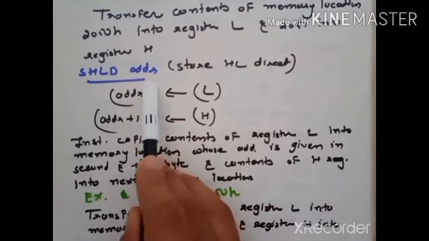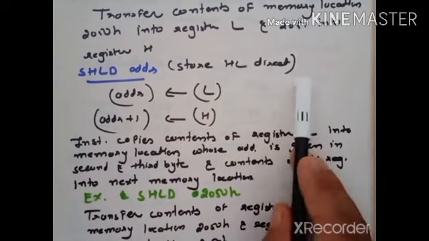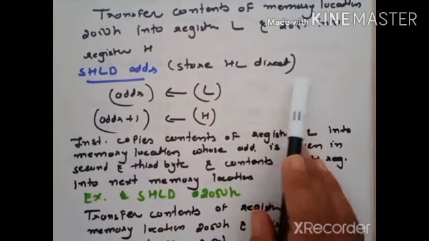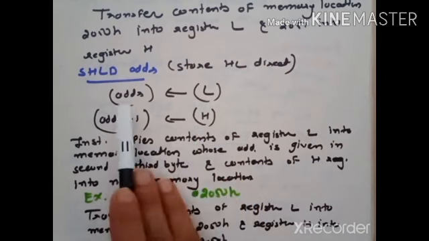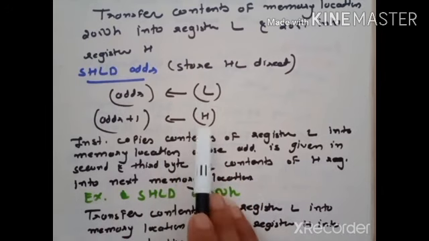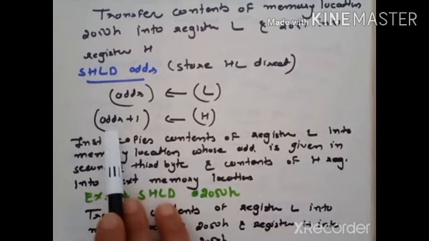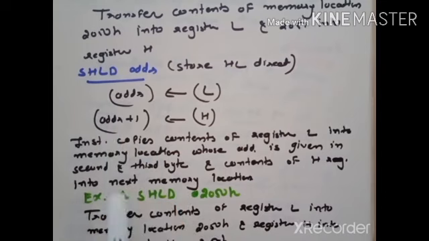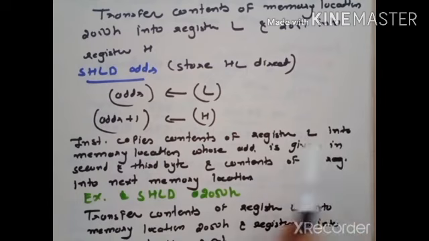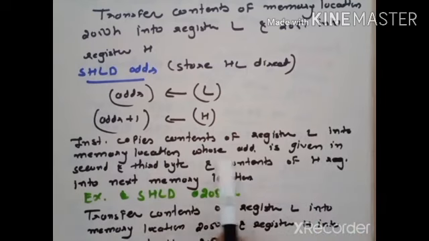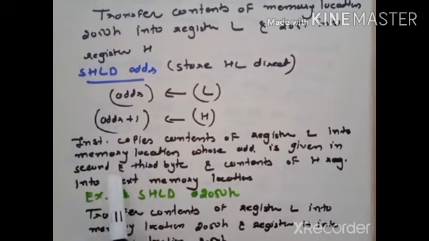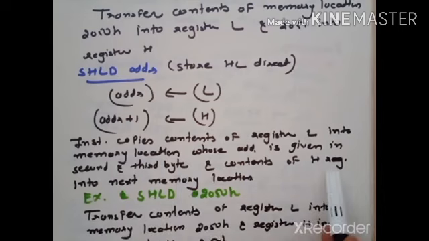Next instruction is SHLD address, that means store HL direct. So in this instruction, the content of L is transferred to the address and the content of H is transferred to address plus 1. So this instruction copies the content of register L into the memory location whose address is given in the second and third byte, and the content of the H register into the next memory location.